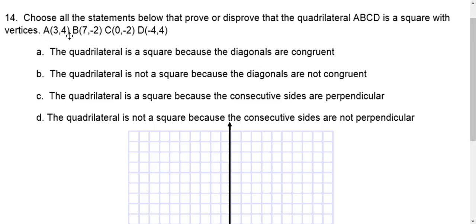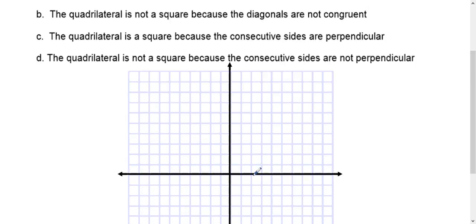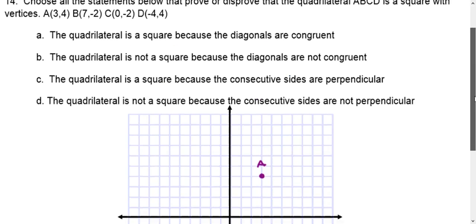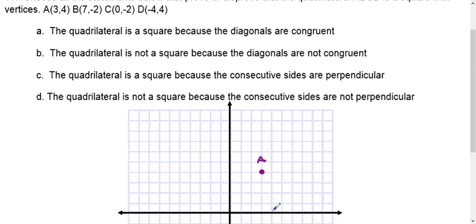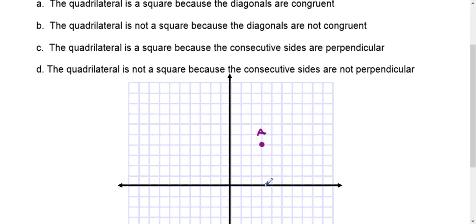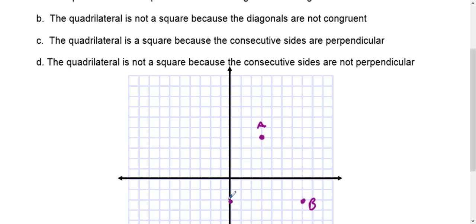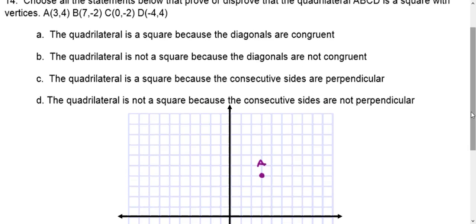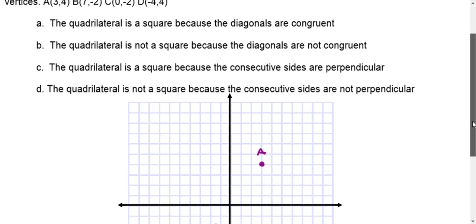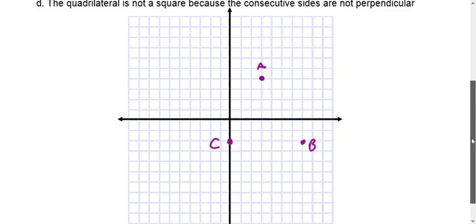So 3, 4, 7, -2, C is 0, -2, and D is -4, 4. So certainly doesn't look like a square.